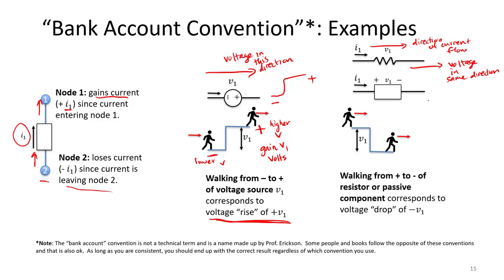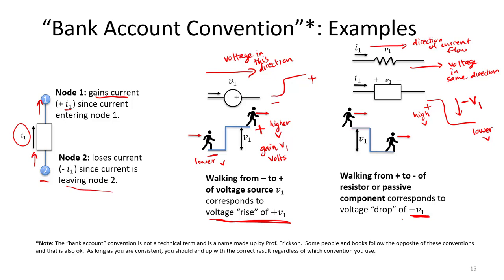Notice in this case, I am effectively going from an area of higher voltage to an area of lower voltage. And so essentially here, I will have a negative value, so I will treat this as a voltage drop across that resistor.